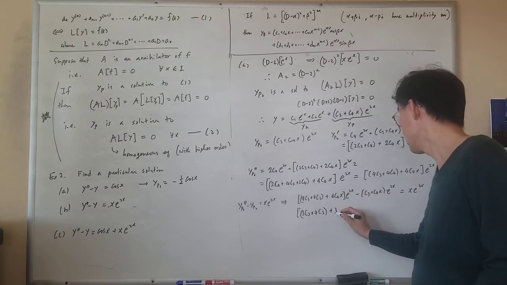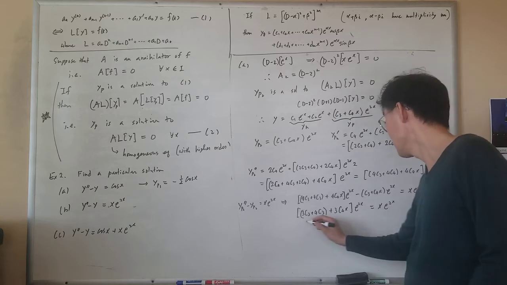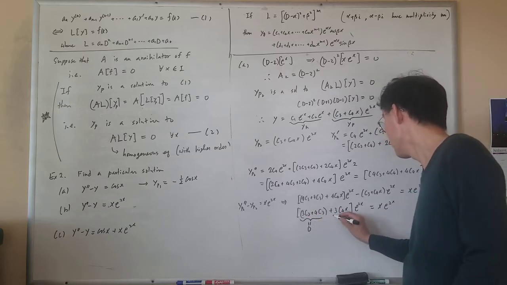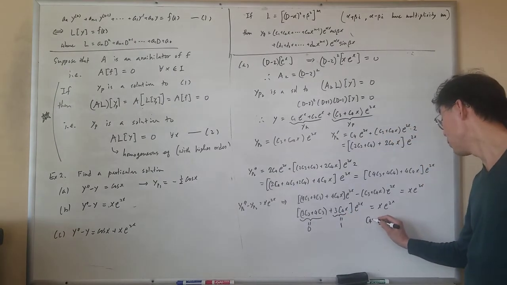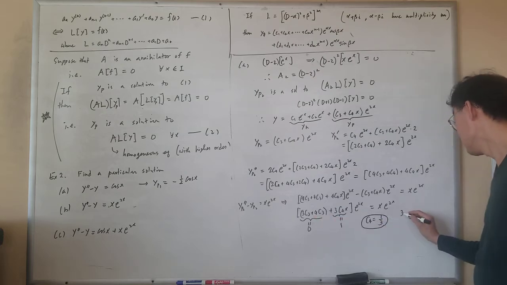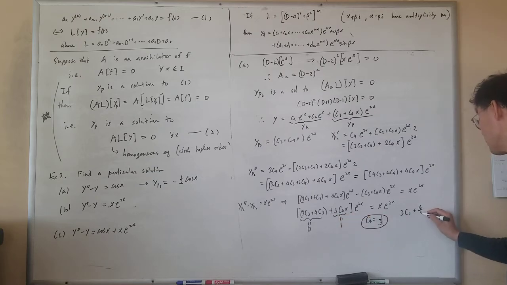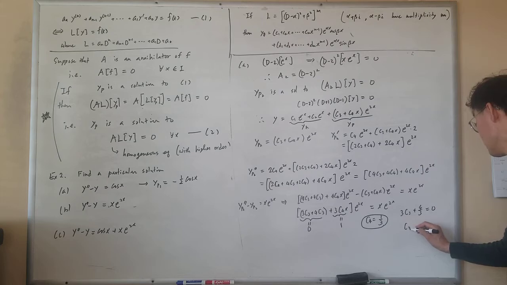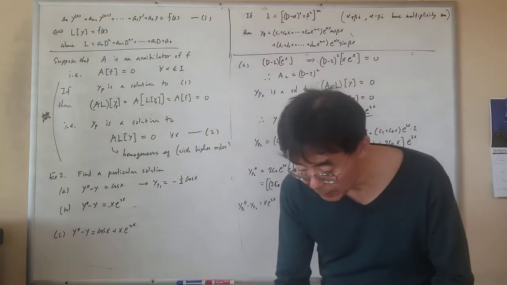That means this must be 0, this must be 1, right? So c4 must be 1/3, plug it in there. 3c3 plus 4/3 equals 0. c3 equals negative 4/9. All right? Negative 4/9.